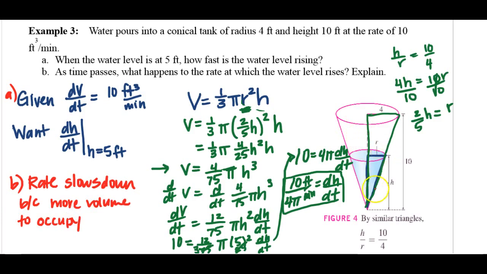So as this cup starts to fill up, there ends up being more volume that I have to occupy, so the rate of change of the height slows down. So first dh/dt fills up pretty fast, and then as we get to the top, the height increases but slower. So the rate slows down because there's more volume to occupy.